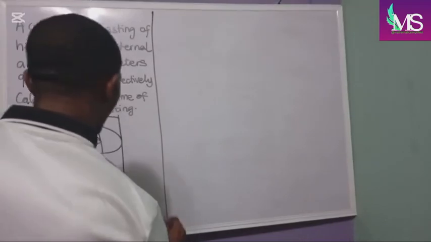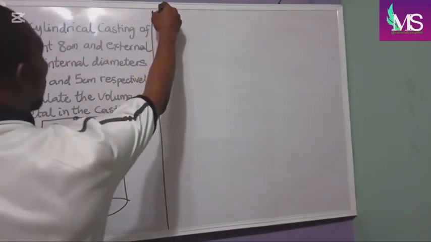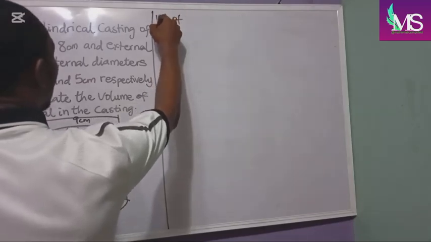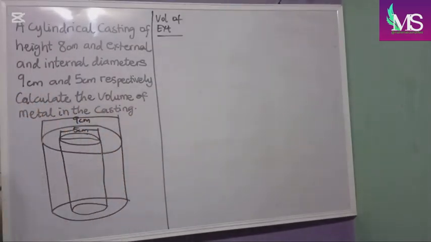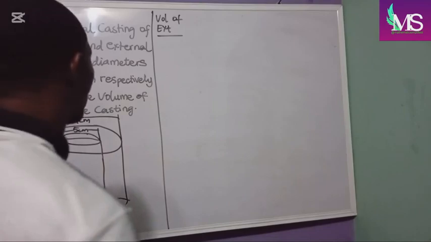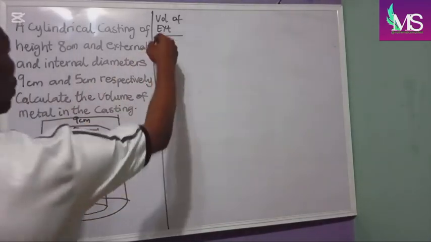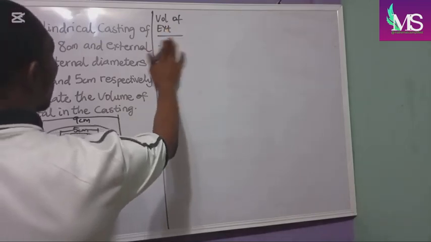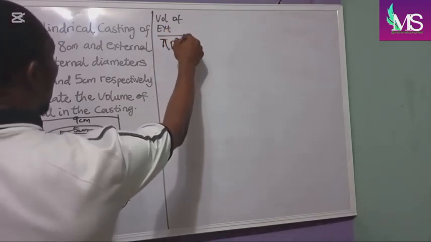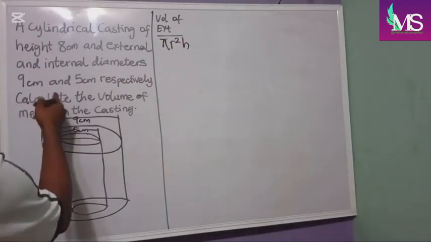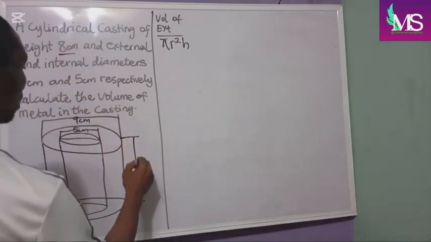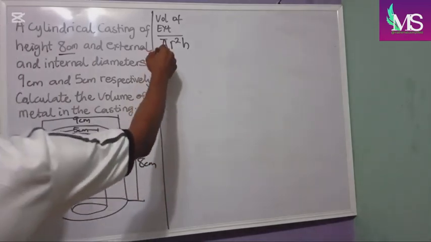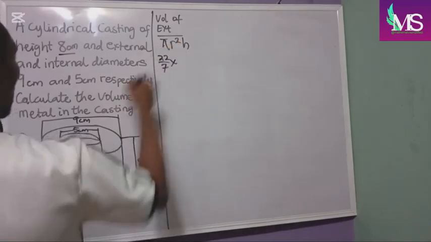Now, in calculating this, we'll first of all calculate the volume of external. Since this is a cylinder, we'll be using our formula for cylinder, volume equals pi r squared h. From the question, it has a height of 8 cm. So for the volume, we have 22/7 times r.